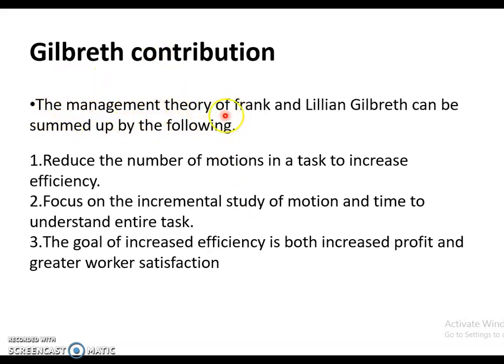The management theory proposed by Frank and Lillian Gilbreth can be summed up in the following way. This method study technique was used to reduce the number of motions in a task to increase efficiency. That means idle time was eliminated. Next, their focus was on incremental study of motion and time to understand the entire task.